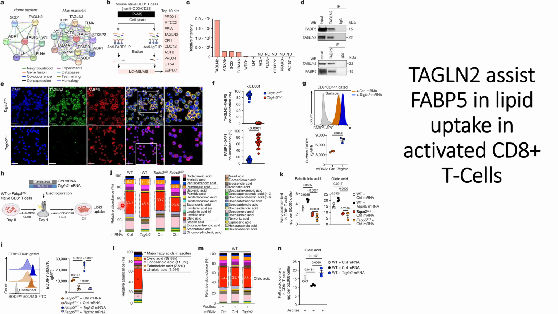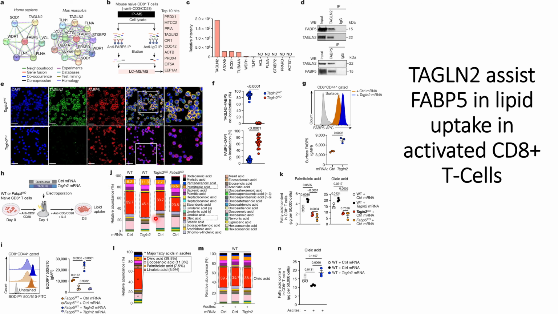And what they found out is that in the case of control, there is some amount of oleic acid intake and palmitoleic acid intake. However, in the case where TAGLN2 mRNA is used, they see an increase in the oleic acid and palmitoleic acid intake compared to all other conditions.